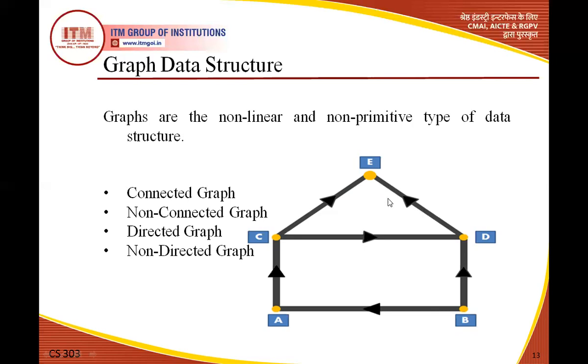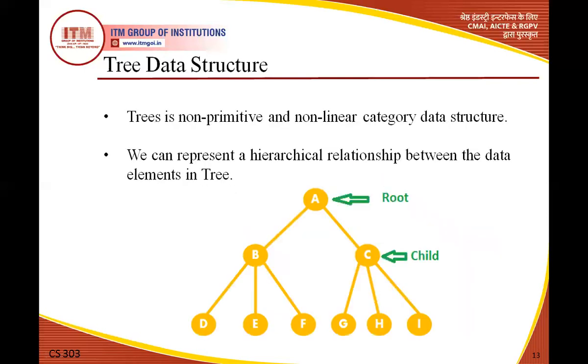This is a non-connected graph. In a directed graph, some direction is defined, like from C to D. We can traverse from C node to D node. This is the given direction. If direction is not there, it is called a non-directed graph. It is a very important graph data structure.